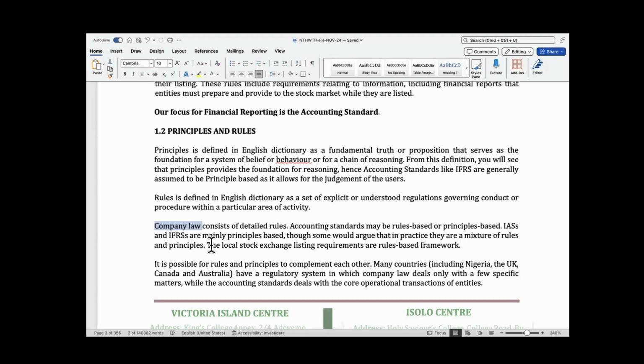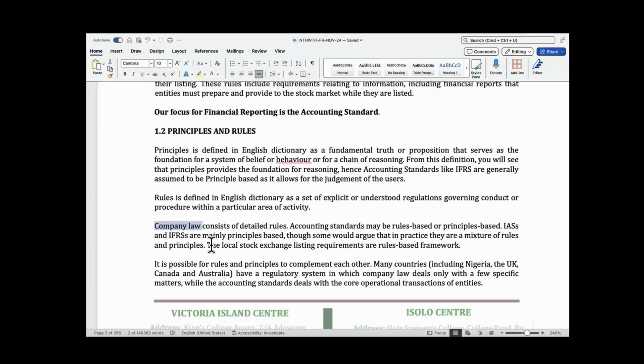Since that is what we use. Okay, so that goes to show that when we talk about GAAP, which is the rules and principles, right? These rules and principles are not the same. There are certain countries whose GAAP is principle-based, while some other countries, their GAAP is rule-based, like the United States.